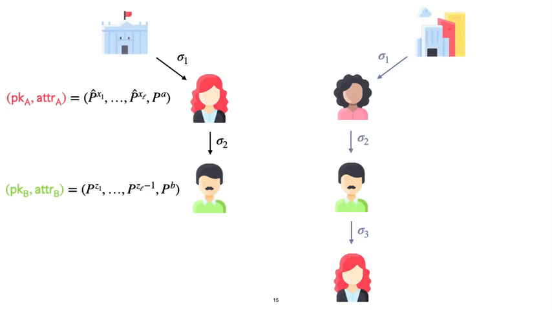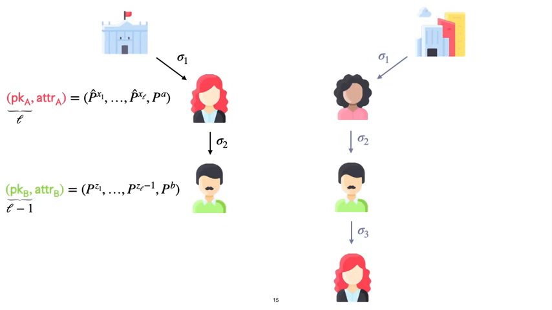So again, her public key would be of length L, and then she has a single attribute. And then Bob's public key has to be of length L minus 1 because he has the single attribute. So Alice's public key of length L signs the full message, which is of length L. This means that Bob's public key is of length L minus 1.